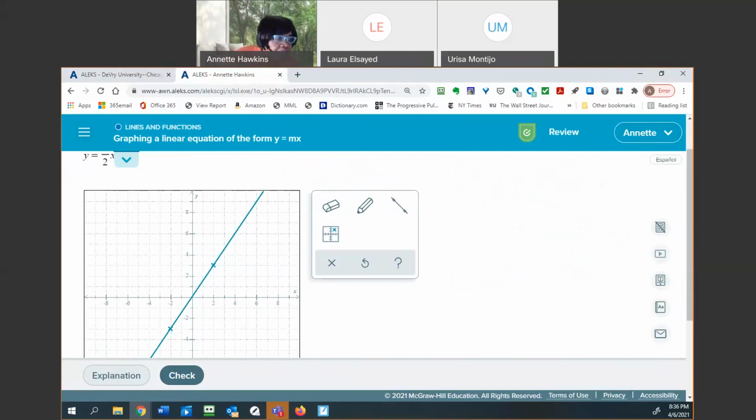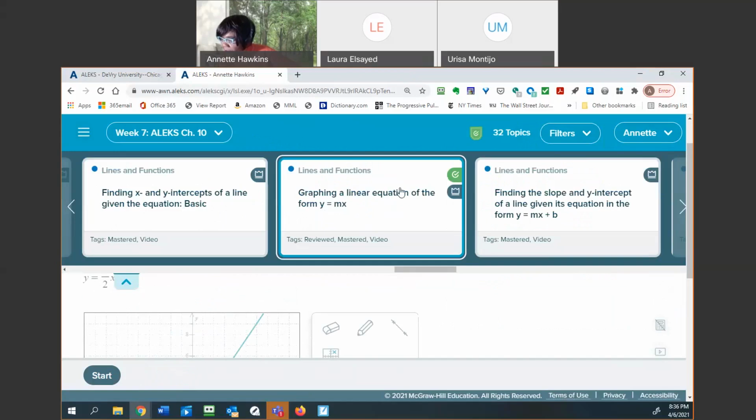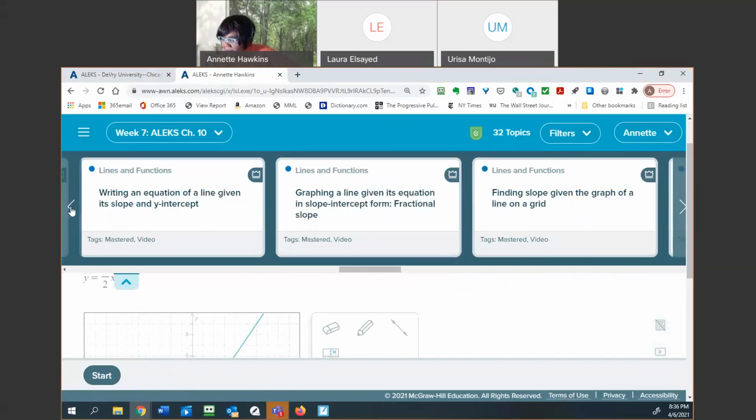All right, so given a line and its equation in slope-intercept form. Let's look at that. I'm going to do this one.